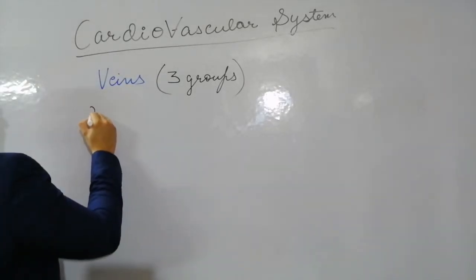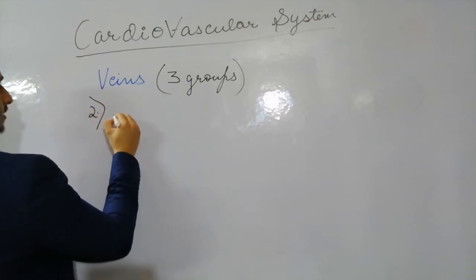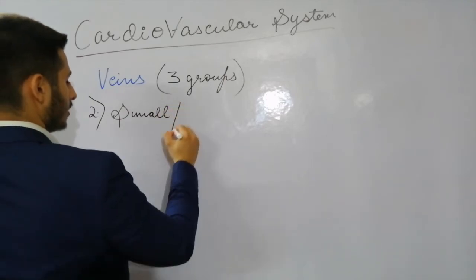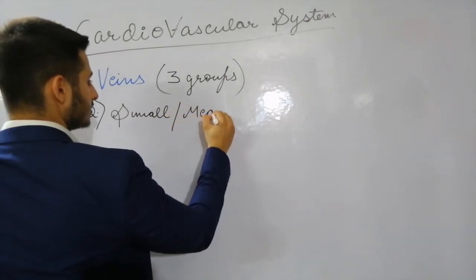The second group of veins is known as small or medium veins.